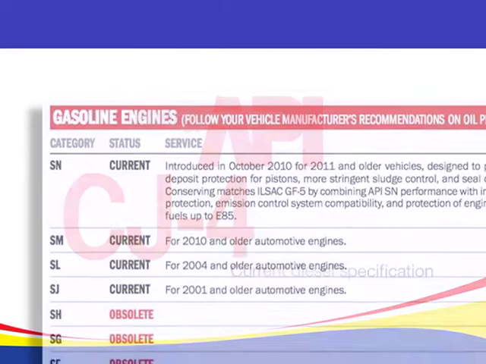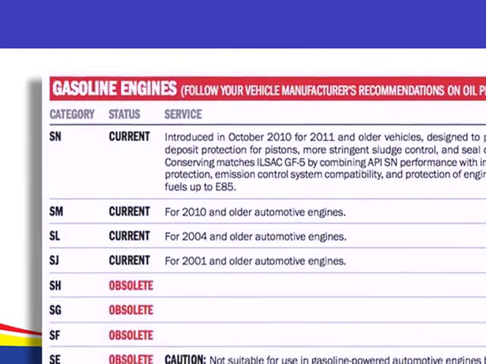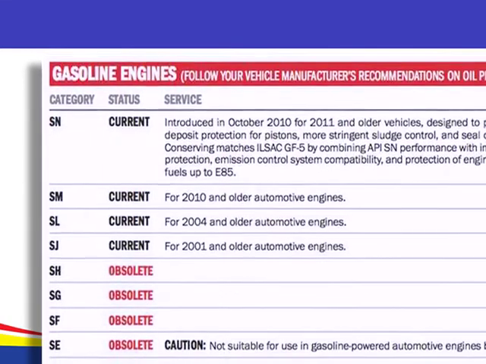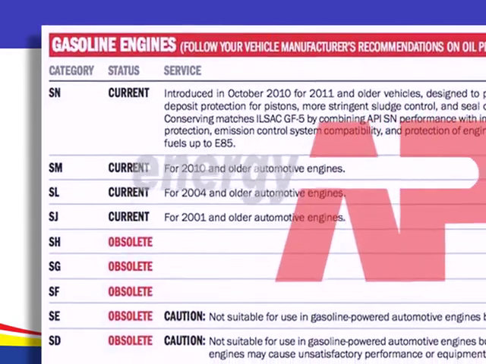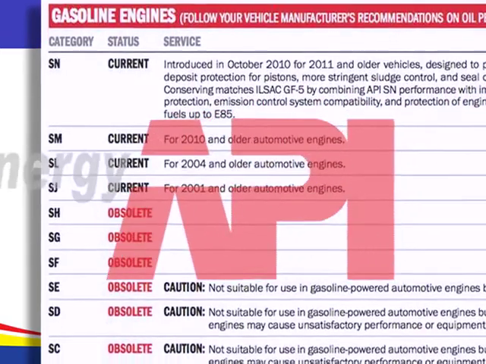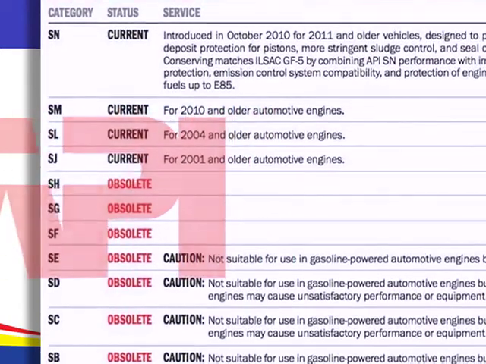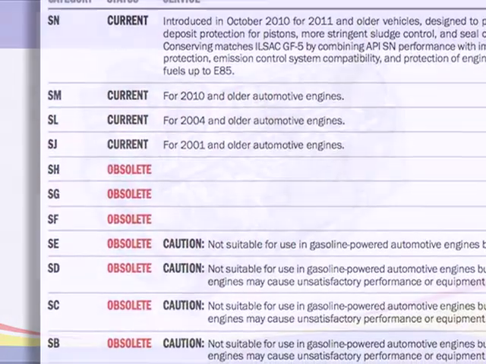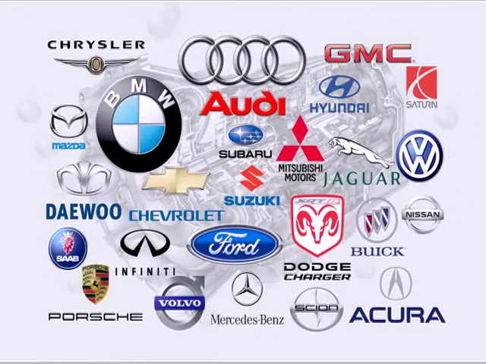Here, you'll see the S category chart outlining the history of API's gasoline engine specifications. The American Petroleum Institute was created to certify that oil manufacturer standards were being upheld. This ensures that all motor oils meet the specific demands of automobiles. As time passed, auto manufacturers began to increase their demands on their engine performance and emission requirements.